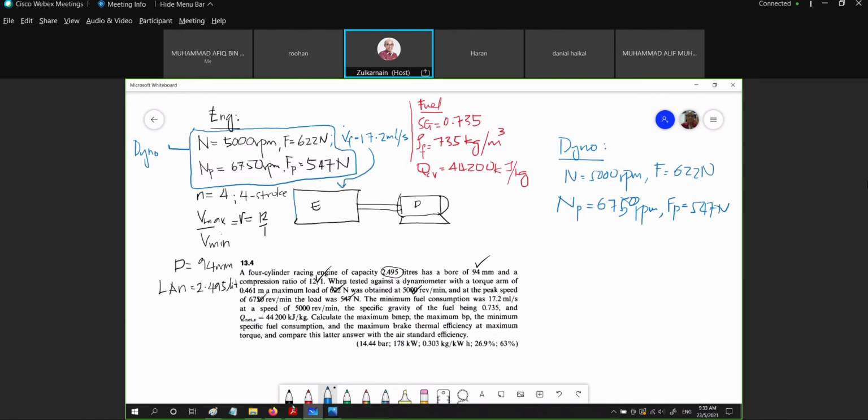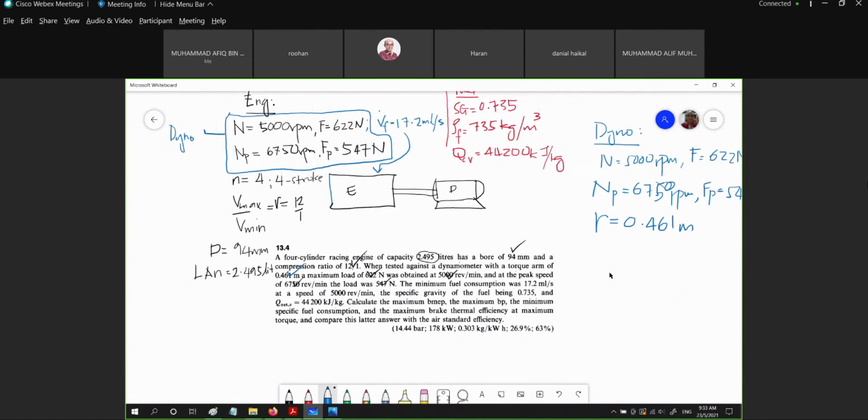Okay, and then given the R value, where is the R value? Yeah, this is the R value. The top arm for the dynamometer is 0.461 meter. Okay, that's it. These are all the parameters given. Calculate the maximum BMEP.